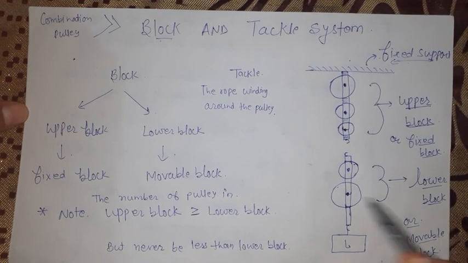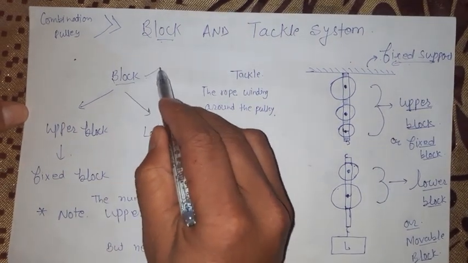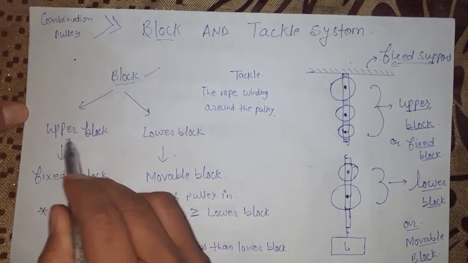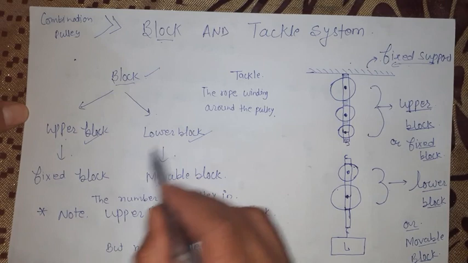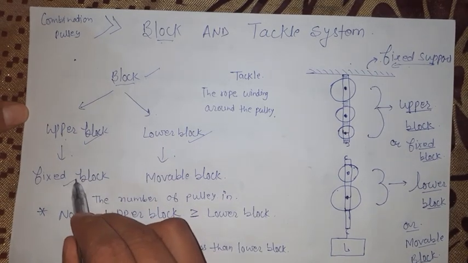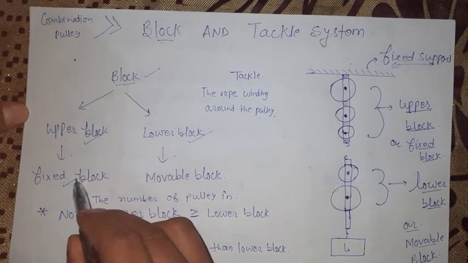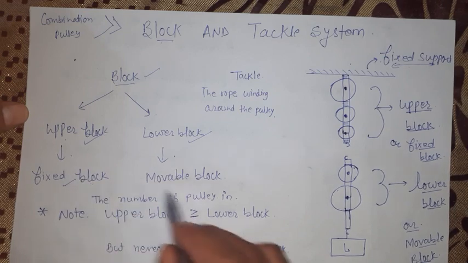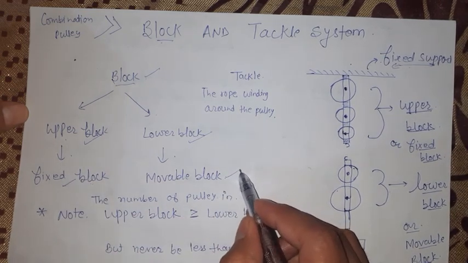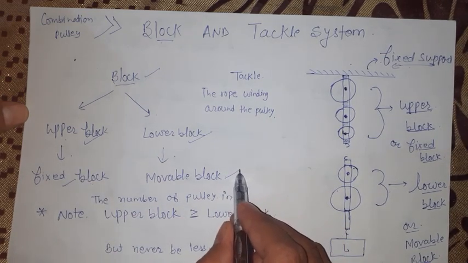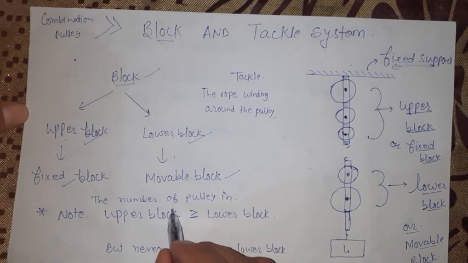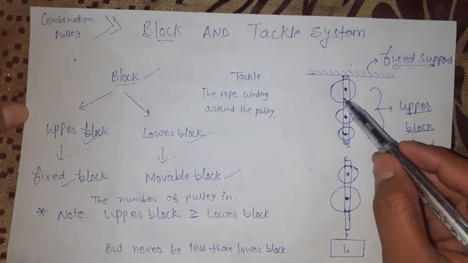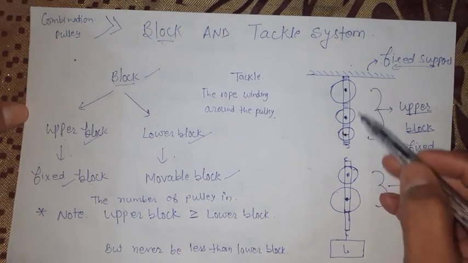Thus we come to know that there are two blocks: the upper block, which is fixed with the rigid support and cannot move up and down, and the lower block, which can move up and down along with the load and is called the movable block.